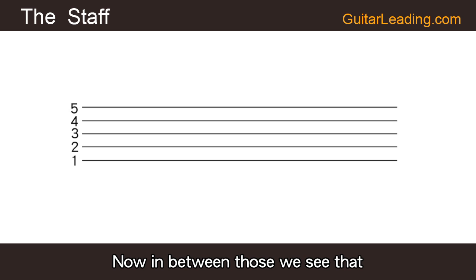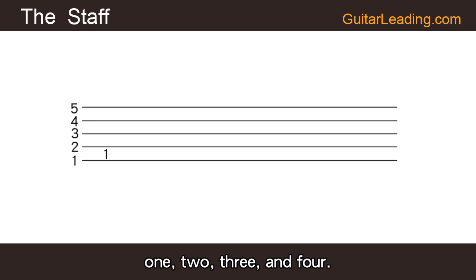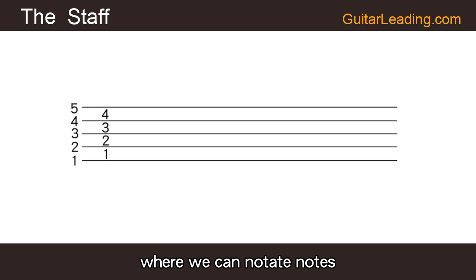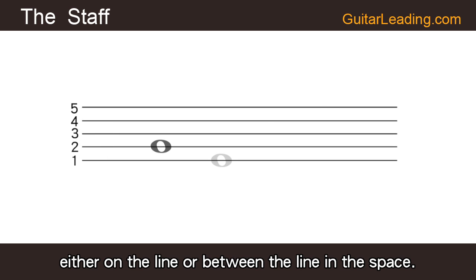In between those, we see there are 4 spaces: 1, 2, 3, and 4. Again, this is the grid, if you will, where we can notate notes either on the line or between the lines in the space.